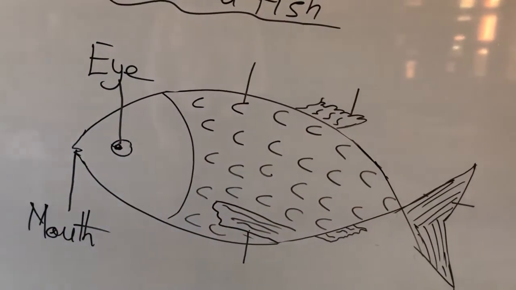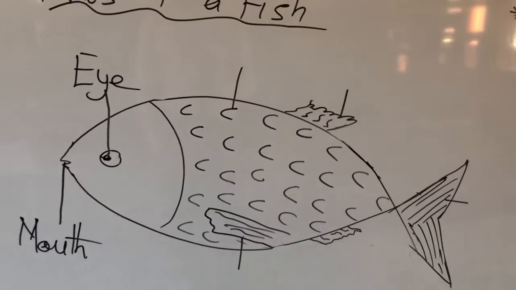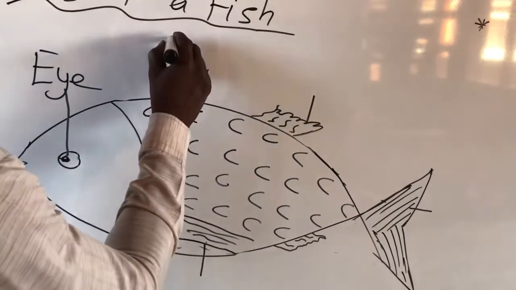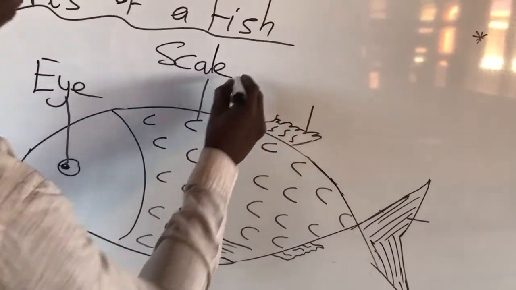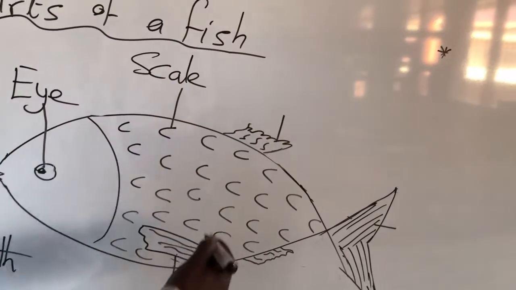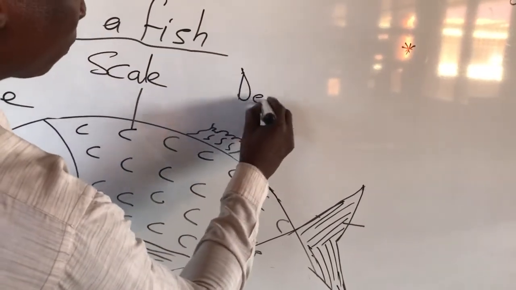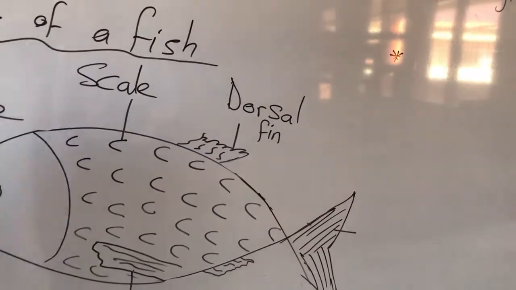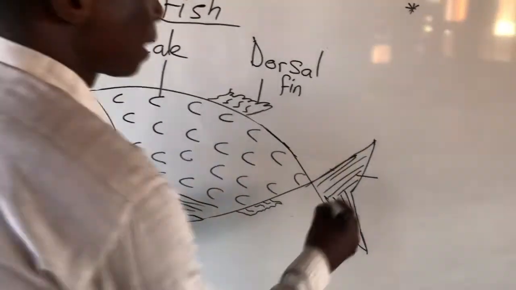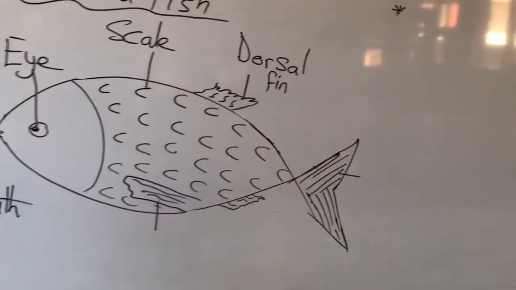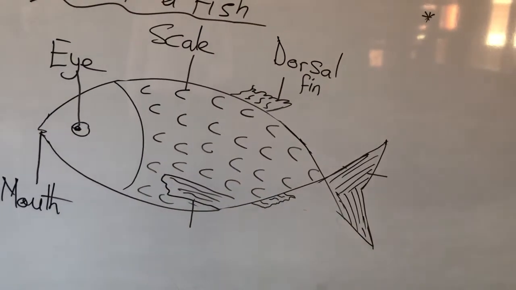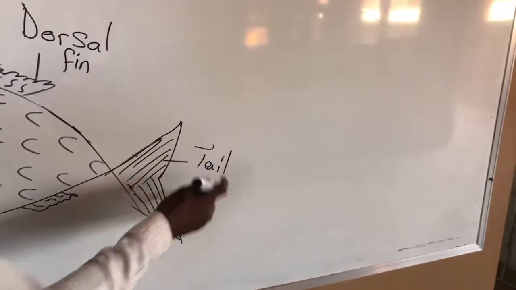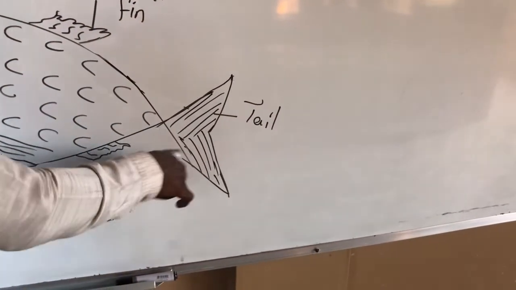Think about the other one. The next one is the scale. You write it. The other one is the dorsal fin. Somebody will ask if animals like fish also have a tail. But today, according to our science, we are learning that fish also have a tail.